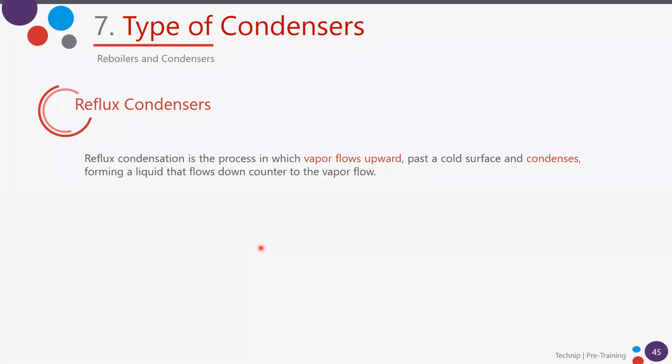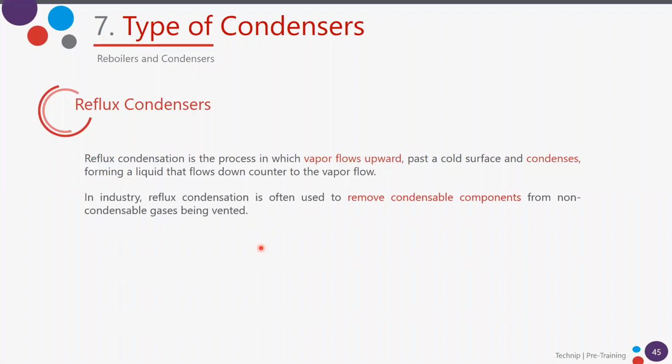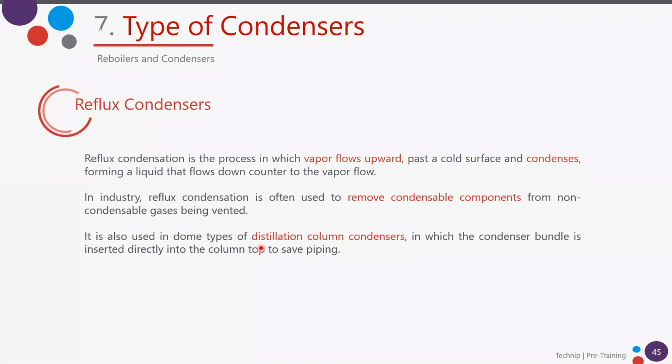We will see some sketches now, but before that, in industry, reflux condensation is often used to remove condensable components from non-condensable gases being vented. It is also used in some types of distillation column condensers, in which the condenser bundle is inserted directly into the column top to save piping.